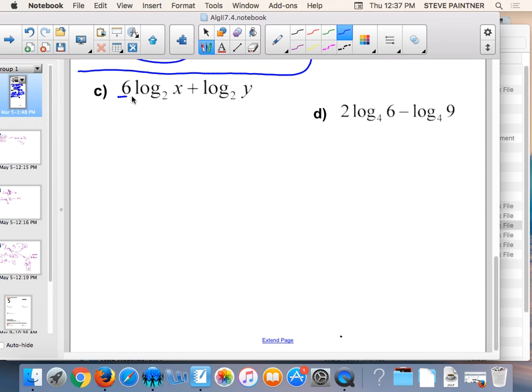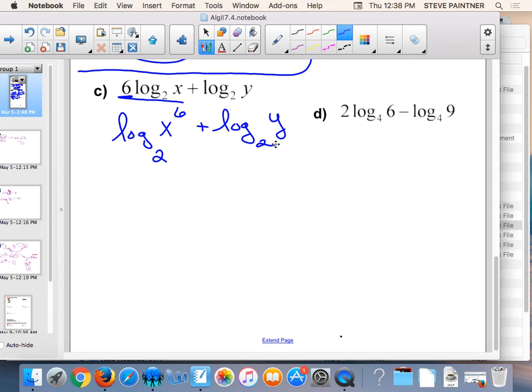What does this mean? Right here? That's a power. That is the exponent of the number you're taking the log of. So to me, I would simplify this to log of x to the 6, plus log of y base 2. Since I took the power property and applied it, I put the 6 above the x. Now I'm looking at the plus sign.